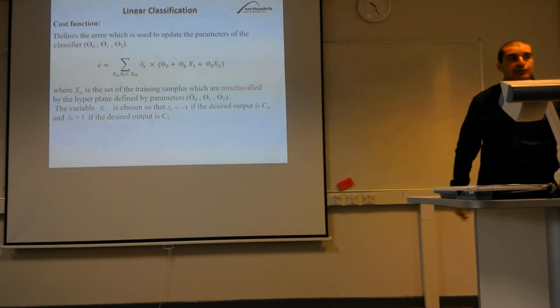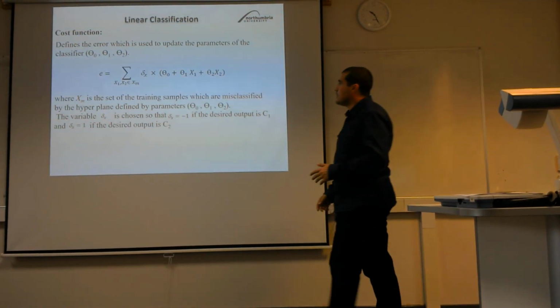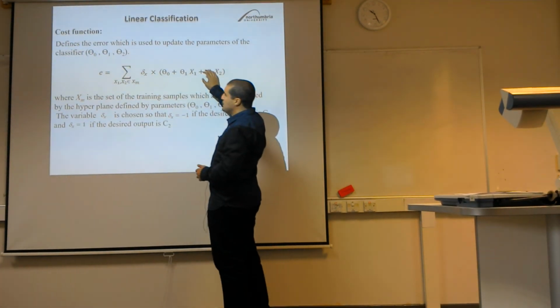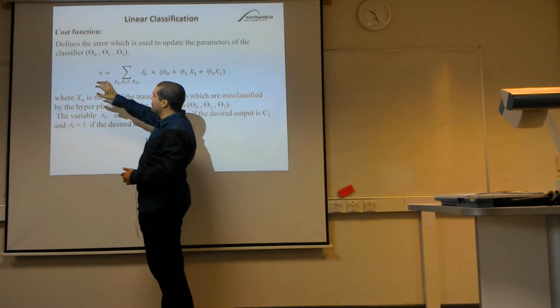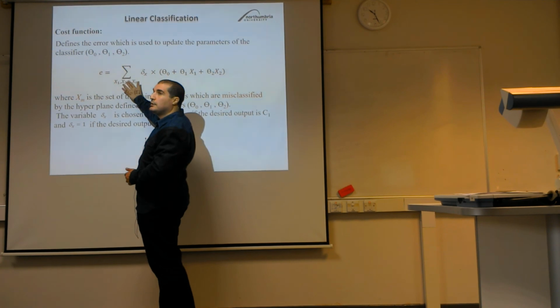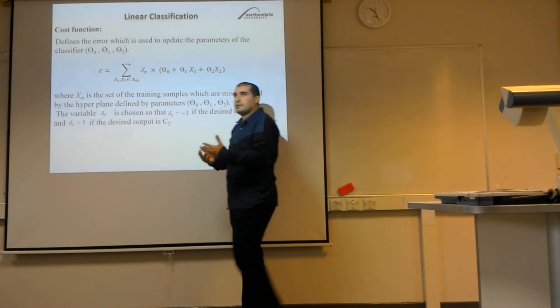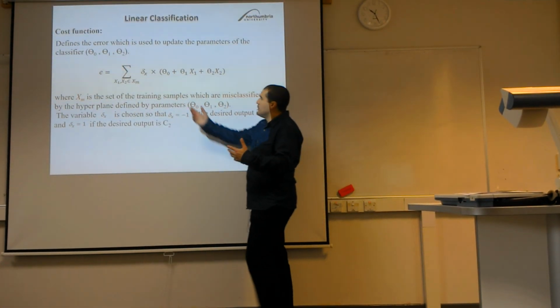Now, the main difference between linear classification and linear regression is the cost function. The way we calculate the cost function in order to update our parameters is slightly different.